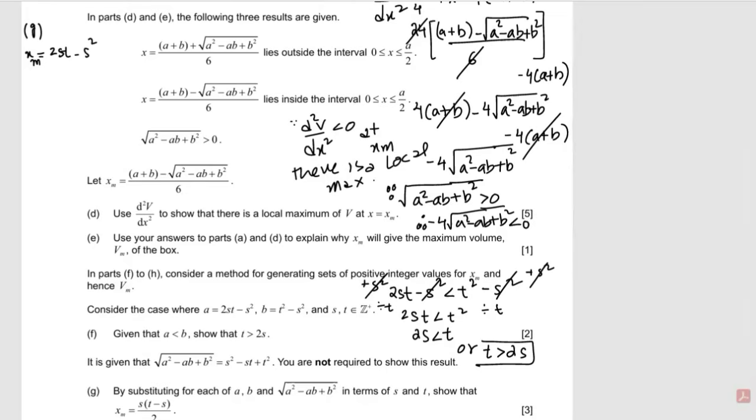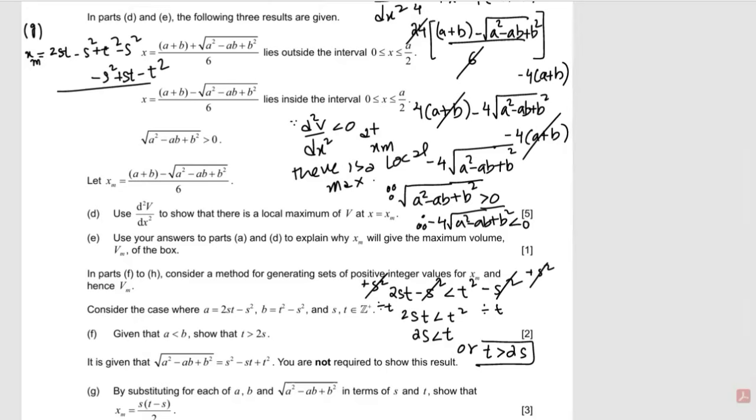And now I need to add b, which is t squared minus s squared. And now there is a minus of this, and its value is already given. So let's bring in minus s squared plus st minus t squared.